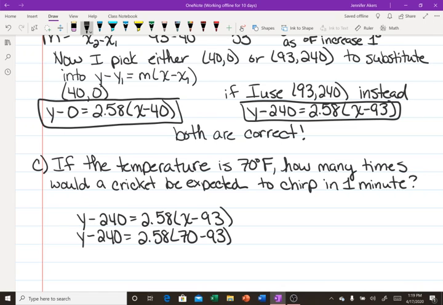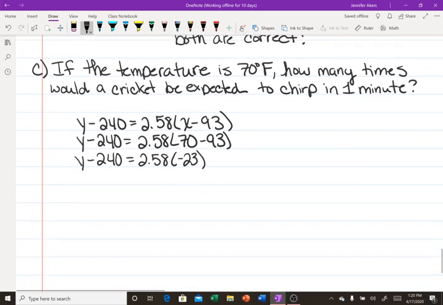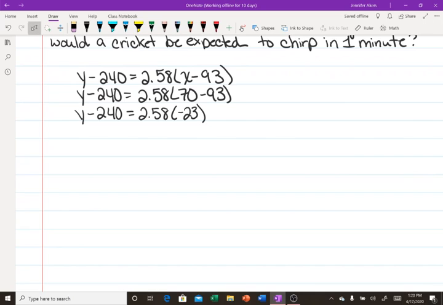So on the left hand side, order of operations, I'm going to take 70 minus 93. And I get negative 23. Then I multiply that by 2.58.